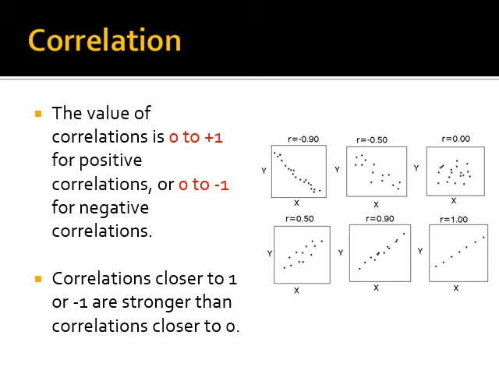Let's look at the graphs in front of us to understand this. At the top left you have r equals -0.9. And you'll notice that the line is strongly clustered together, that there is a clear line there, and that as one increases, the other decreases, known as a negative correlation.